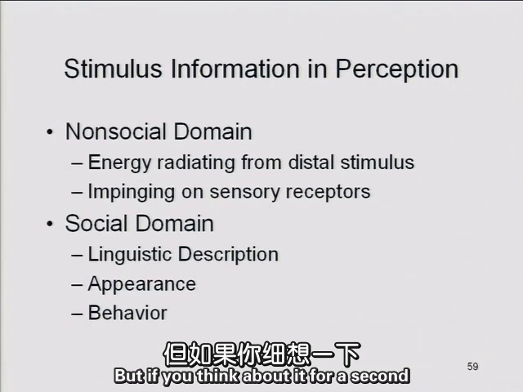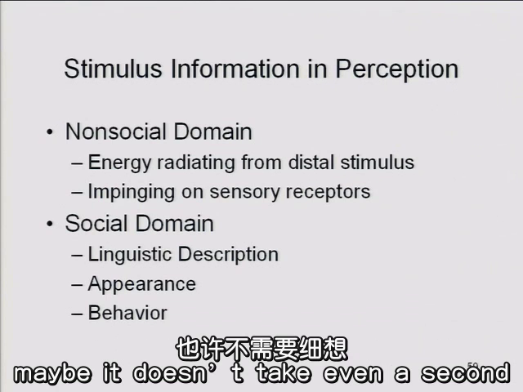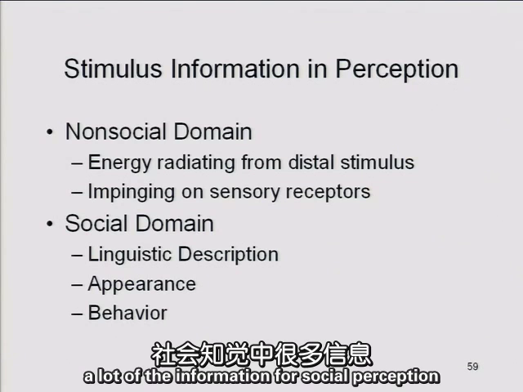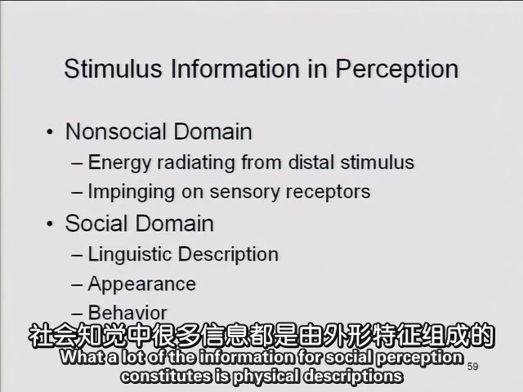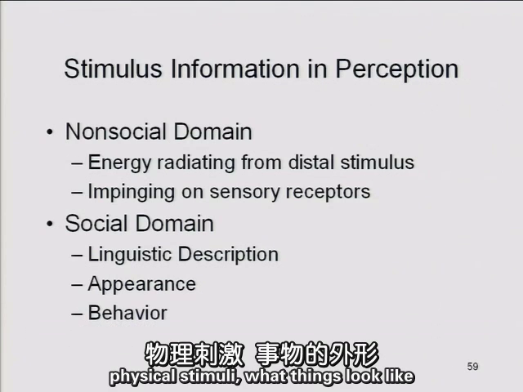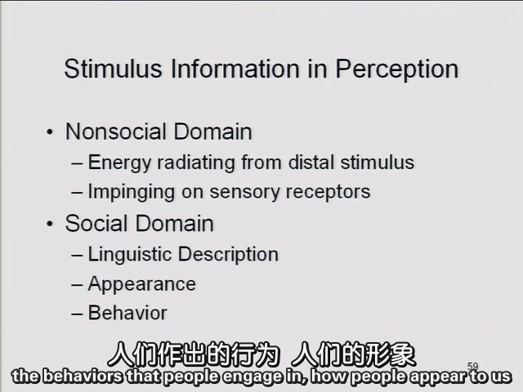But if you think about it for a second, maybe it doesn't even take a second, a lot of the information for social perception doesn't come in the form of words. A lot of the information constitutes physical descriptions, physical stimuli: what things look like, the behaviors that people engage in, how people appear to us.